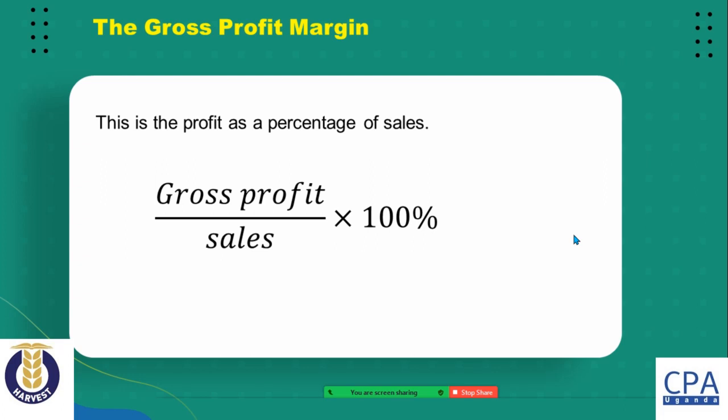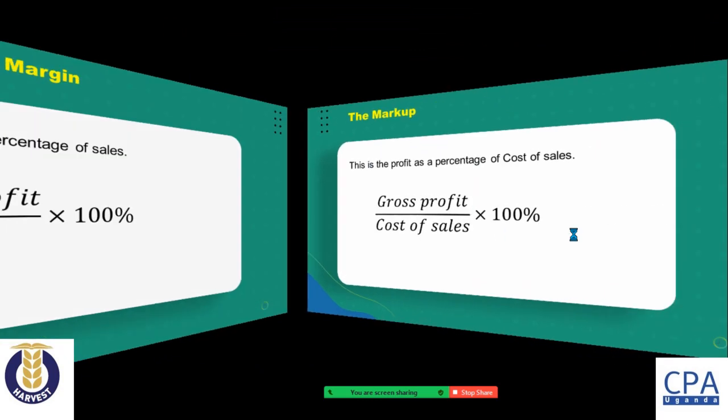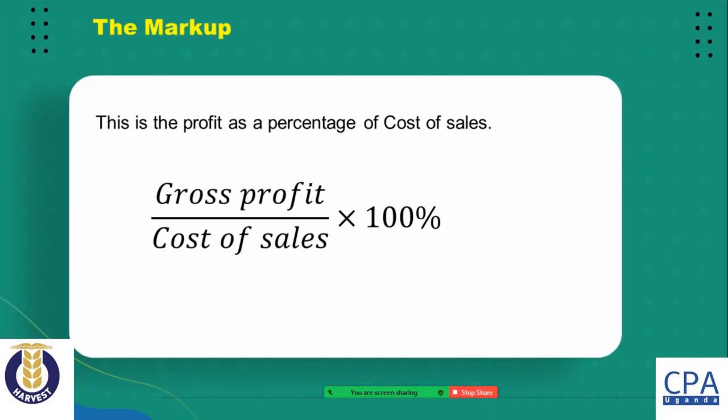That is what we call the gross profit margin. Then the markup, we are talking about profit as a percentage of cost of sales. So you get your gross profit as the numerator, the denominator is the cost of sales, times 100%.